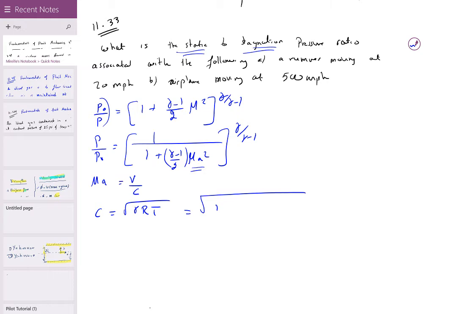Gamma is 1.4. R is given, 1716 feet-pound per slug Rankine. Also, the temperature is given, 519 degrees Rankine.